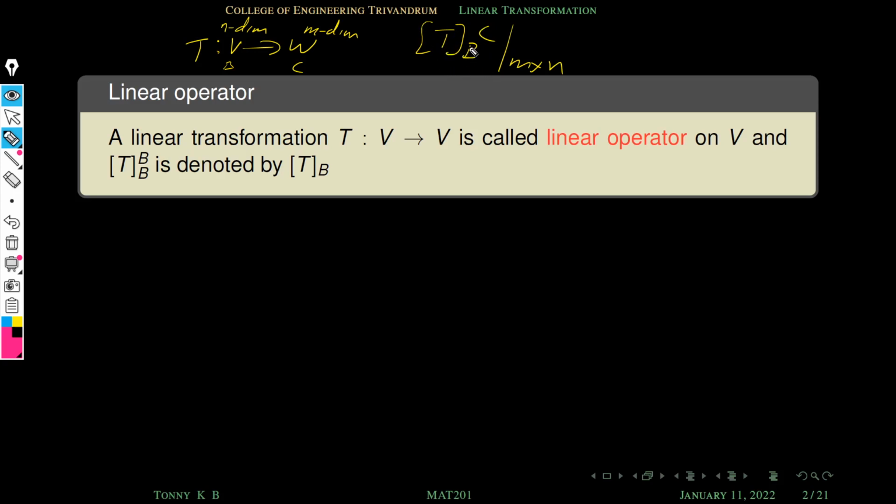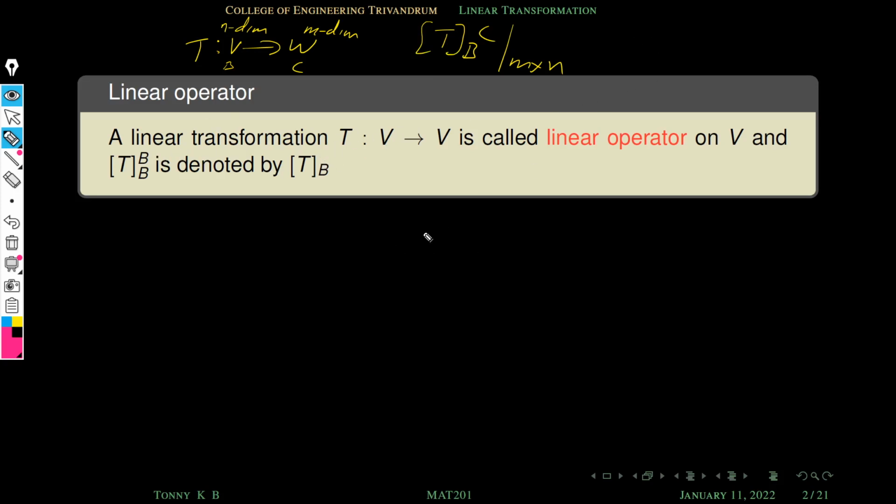First you take the first basis element from B, then take the image, then find the coordinates of that element with respect to C. That is the first column. Similarly, take the second element from B, take the image and find its coordinates with respect to C. That is the second column. That's why its order is m by n.